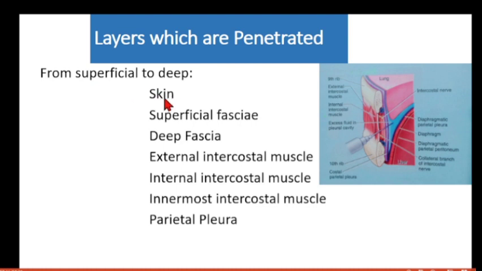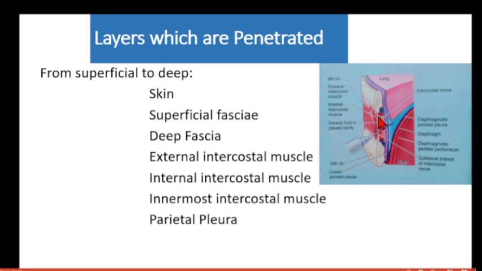First skin, superficial fascia, deep fascia, external intercostal muscle, internal intercostal muscle, innermost intercostal muscle, then parietal pleura, and then the needle gains entry into the pleural cavity. Here lies the skin, then superficial fascia, deep fascia, and external intercostal muscle.